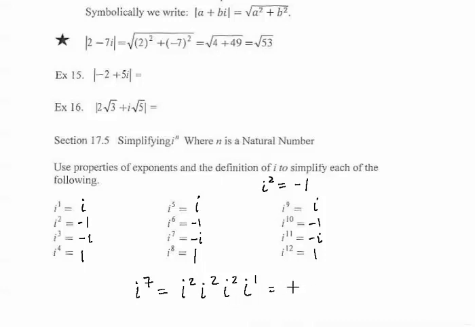Each i squared can be written as a negative 1. And 3 negatives multiplied gives us a negative overall, and so we have a minus i. Okay, and you can check any of these. Every increase of 4 repeats the pattern in terms of the exponent.